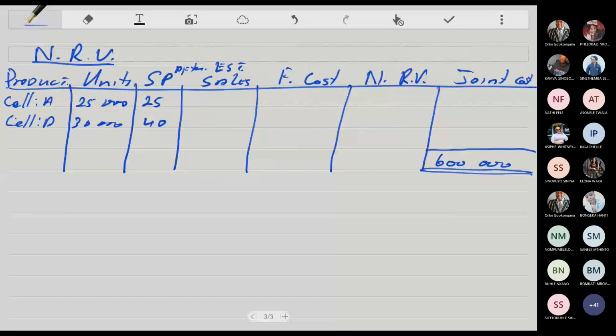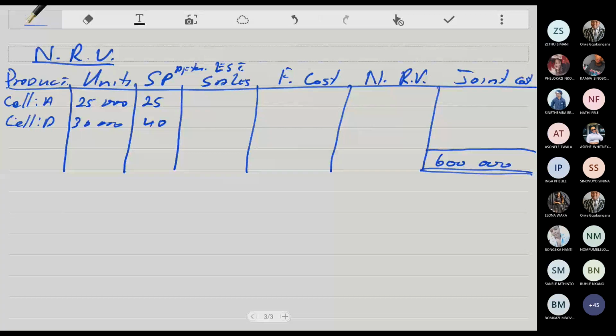So the first product, sell A, is going to be 25 Rand times 25,000. What will be our market value or estimated sales value? 625,000. Thank you.